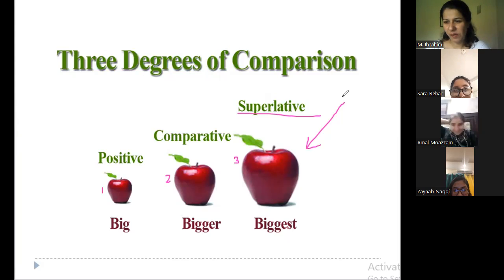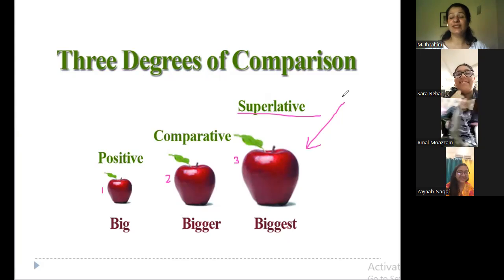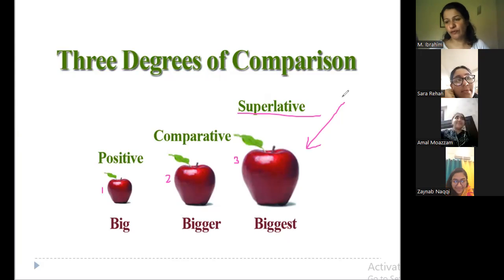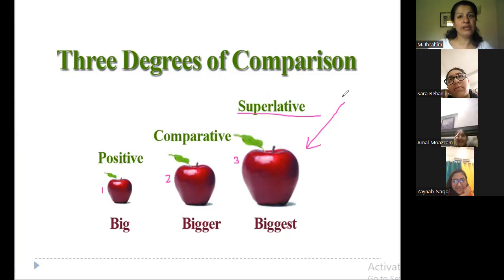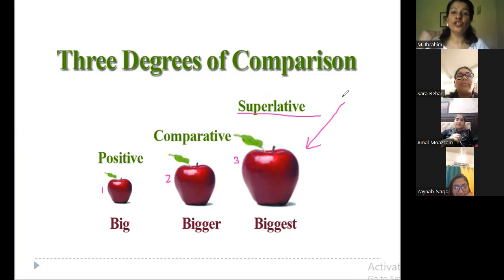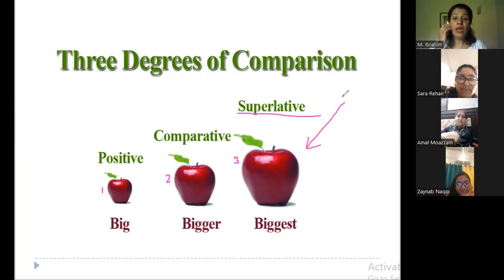Isn't it? Show me your hair. I remember Zainab's. Yes, Amal has the longest hair. So of all four of us, Amal has the longest locks, whereas Sarah has the shortest. I am using the superlative degree.